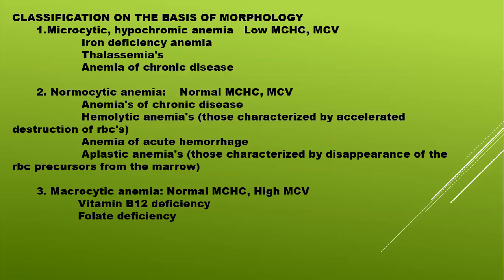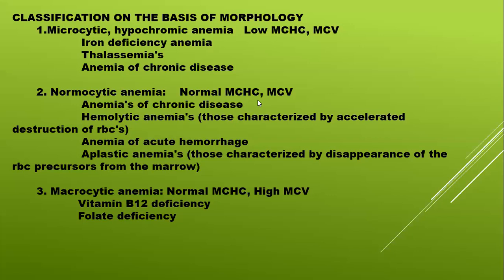Classification of anemia on the basis of morphology. Number one, microcytic hypochromic anemias. Here the MCHC, mean corpuscular hemoglobin concentration, and mean corpuscular volume, both are low. Examples are iron deficiency anemia, thalassemia, and anemia of chronic disease. Second one is normocytic normochromic anemias.